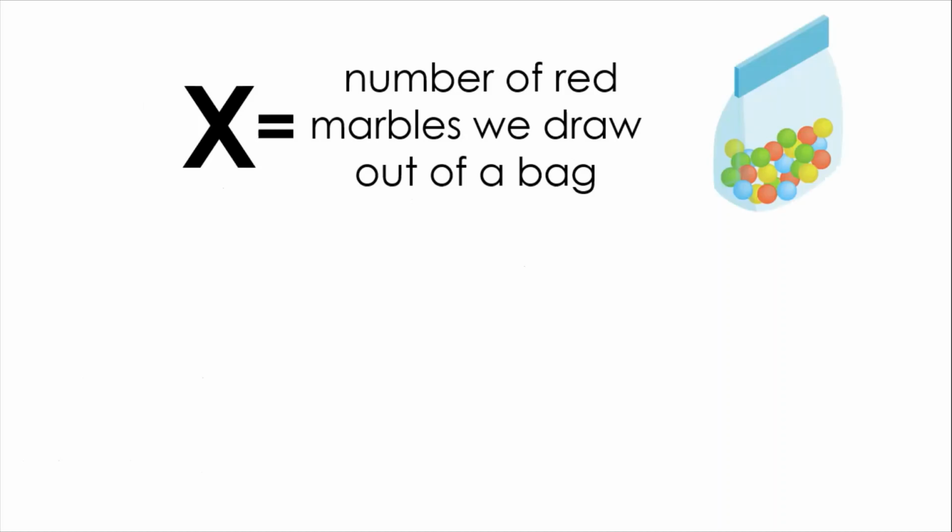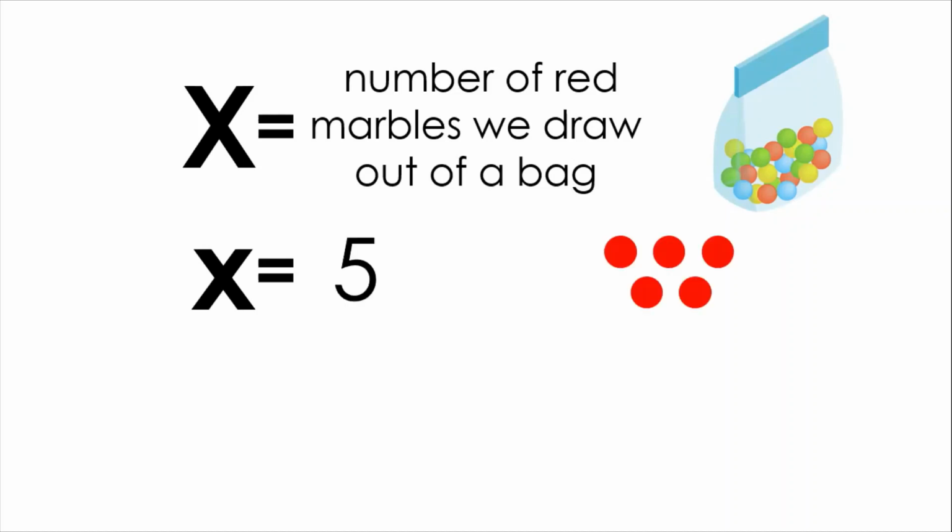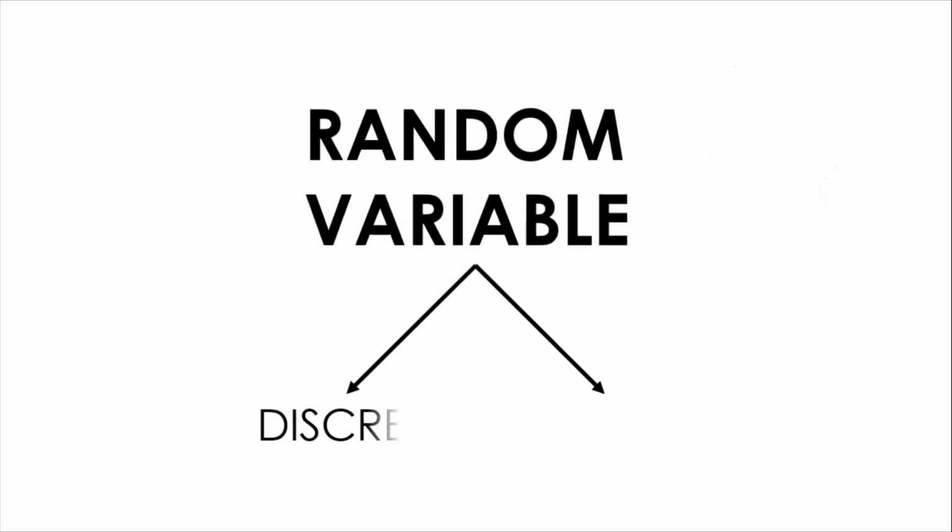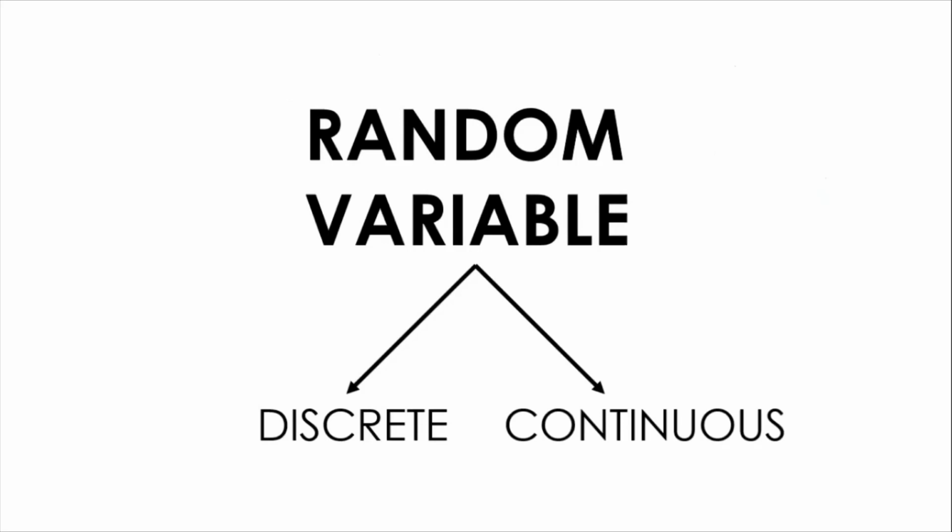For example, let capital letter X be the number of red marbles we draw out of a bag, while small letter x is 3 red marbles or 5 red marbles. A random variable has 2 types: the discrete random variable and the continuous random variable.